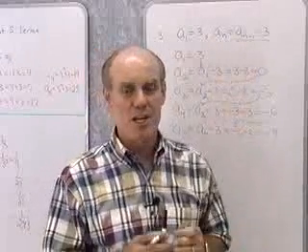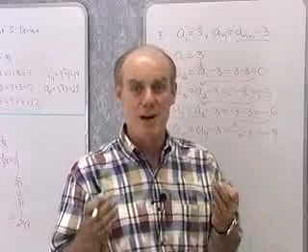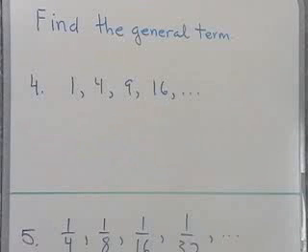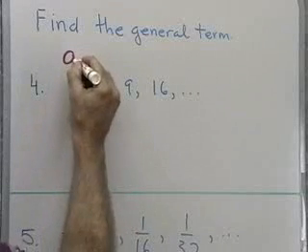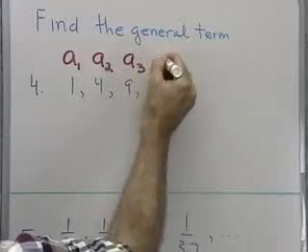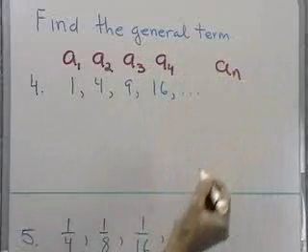Next, what I want to do is take a given sequence and see if we can, from the terms in the sequence, find the general term itself. Let's take a look. So problem number 4, I have 1, 4, 9, 16. This is a problem that you're used to working with. Let's see, the term numbers here. This is A1, that's A2, that's A3, that's A4, and what I want to find is A sub n.